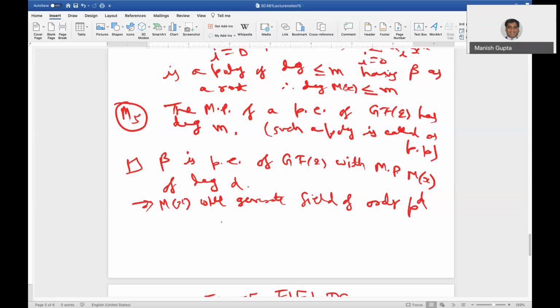This implies that it contains all of GF(p raised to power m), therefore d will be at least m. Now we know that d cannot exceed m from the previous fact. This implies that d is equal to m. And that's all.